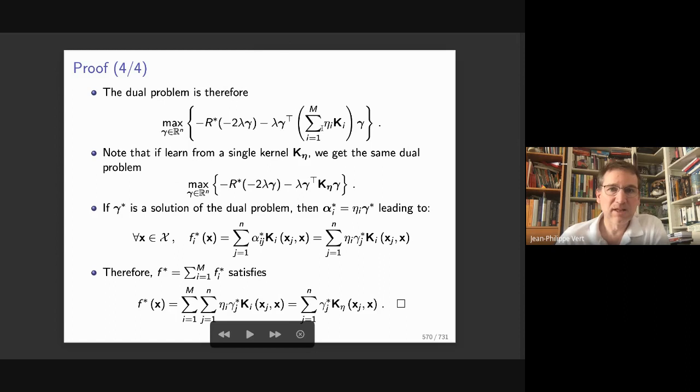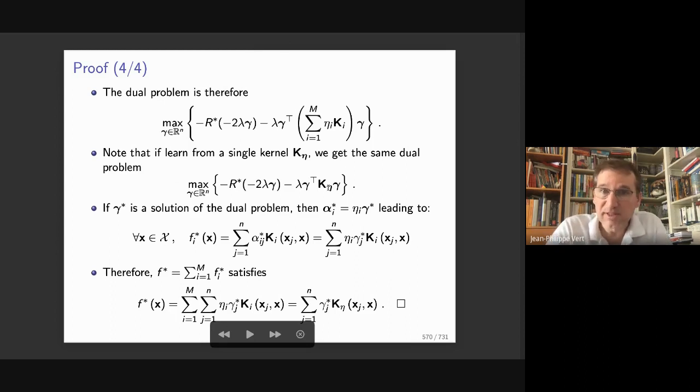If you just have one kernel, the sum of eta i K i would be the kernel you use to train. So if you train with the kernel k eta, the dual problem you get in gamma is the same problem, with just k eta.